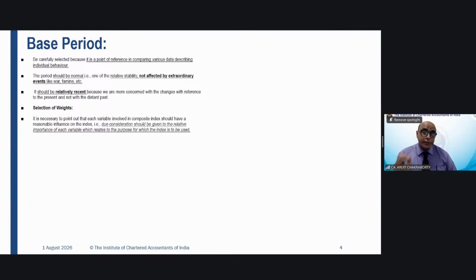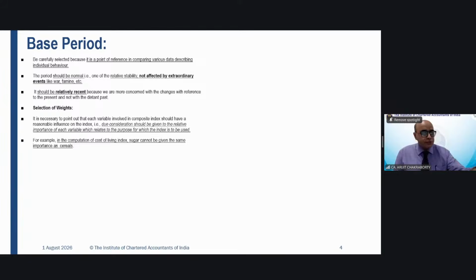But then weights should be important, क्योंकि weights will ultimately give rise to the total value, and therefore in the computation of the cost of living index, the weight has to be calculated and finalized very carefully.